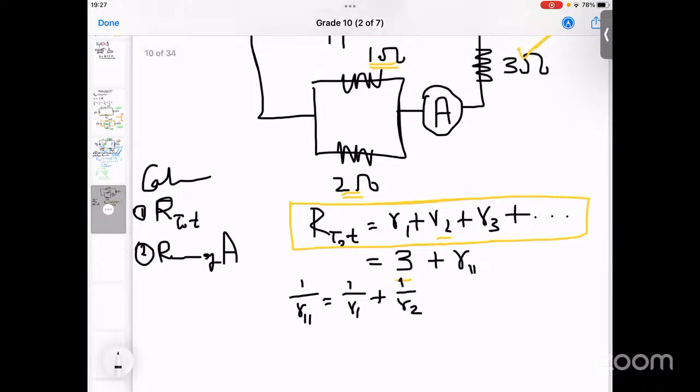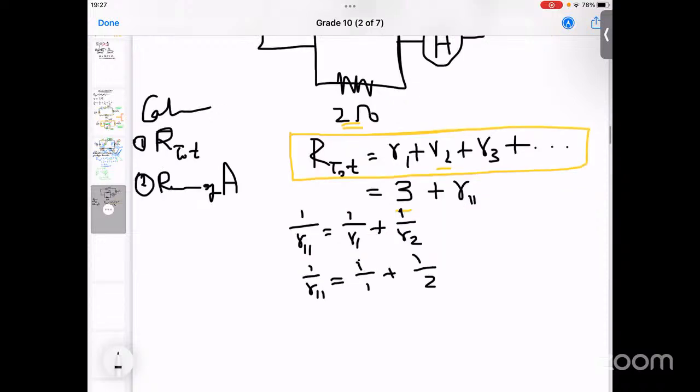You can start with 1 or you start with 2. The first step, you write the formula and substitute. Last step, you say R parallel is equal to, you rewrite these things exactly as they are, but to the power of exponent -1.